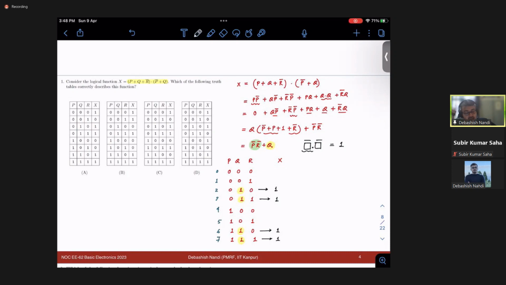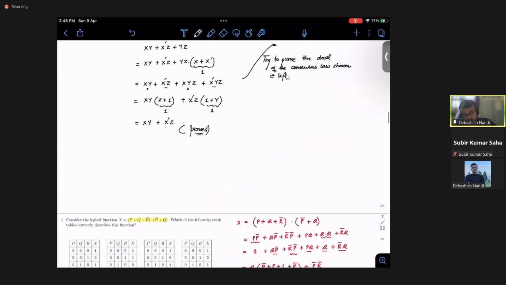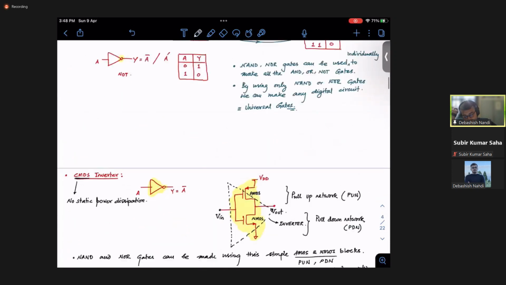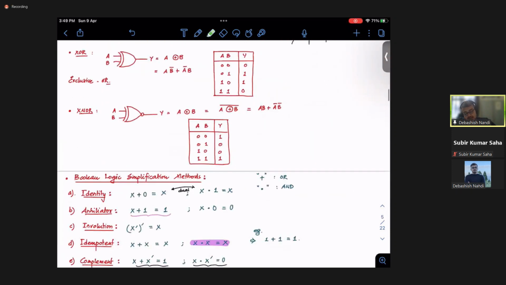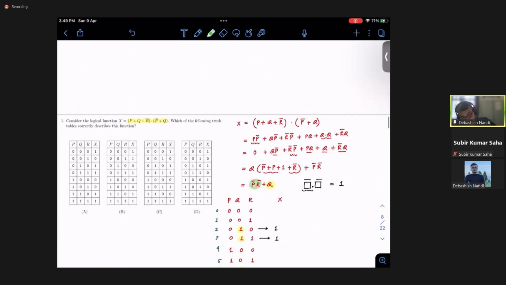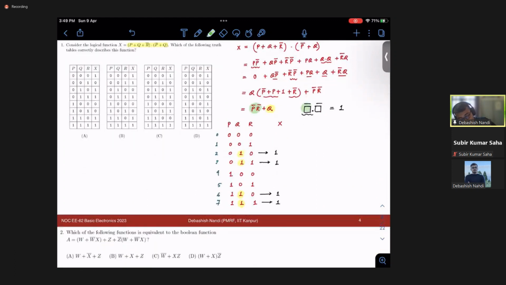First of all, there is an AND operation. If you look at the AND truth table, only one case is 1, when both inputs are 1. That means this stuff and this stuff have to be 1. For these two to be 1, these boxes have to be 0.